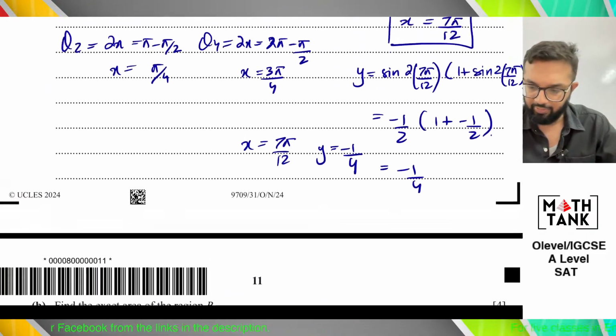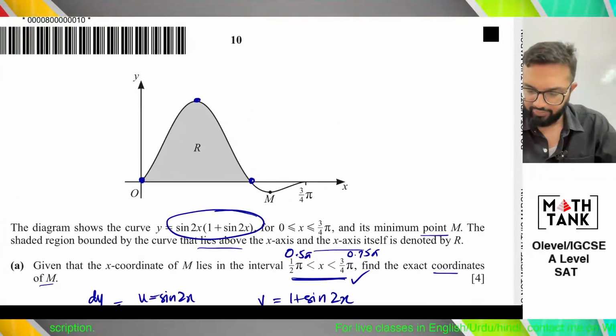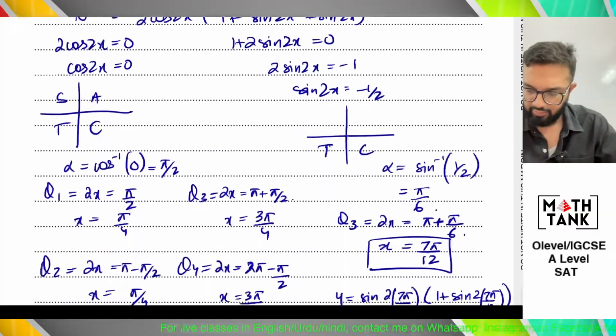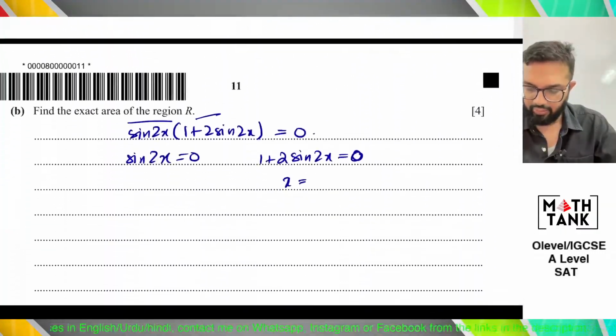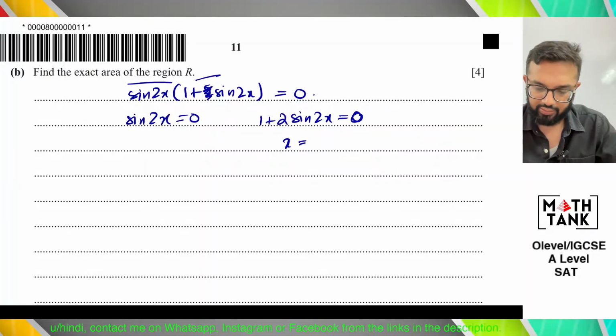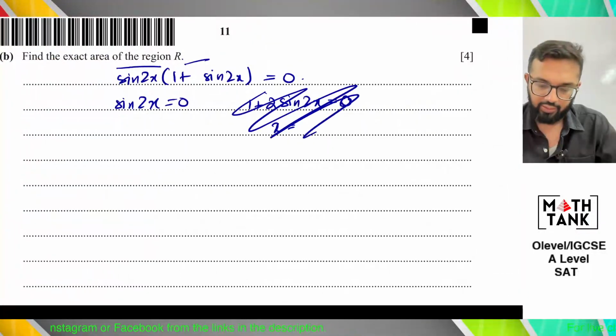So x came out as 7 pi over 12, but that was this point then. No, that was a different number. I think this is an extra 2 here. Yeah. Okay, that's what's getting messed up.